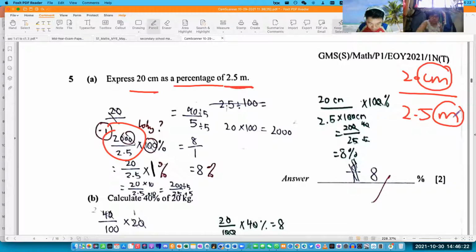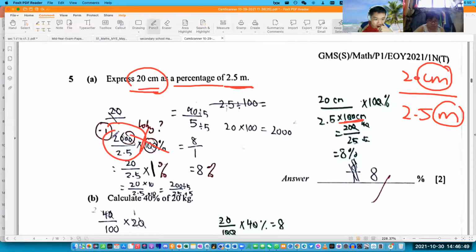Okay, good. So you need to convert the 2.5 meter to cm. So meter to cm is times 100, right? In fact, this one is wrong. I don't understand why you convert this 20 cm, then you go and times 100 for 2. It's wrong.